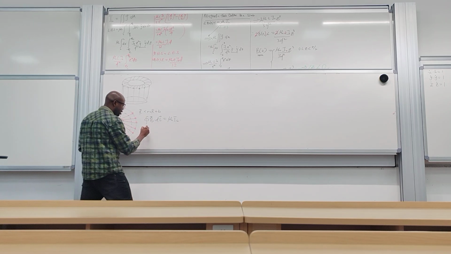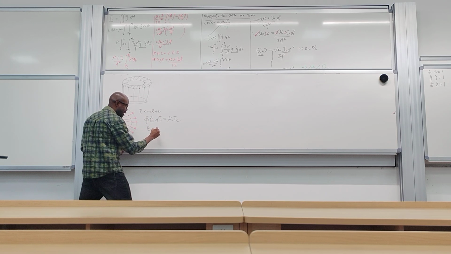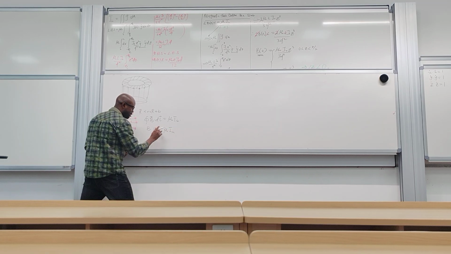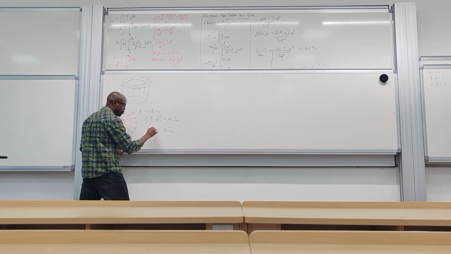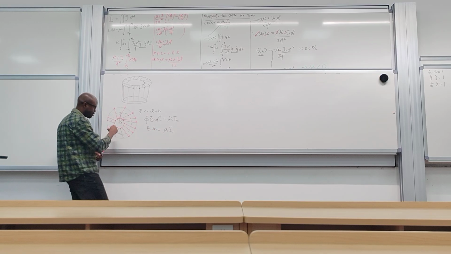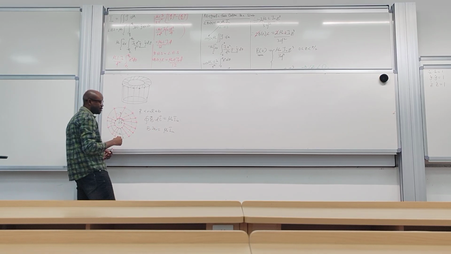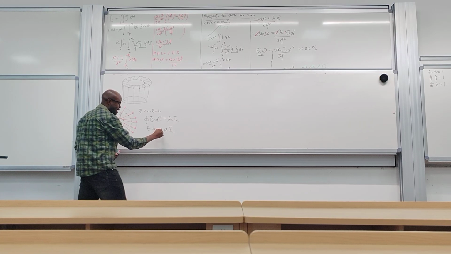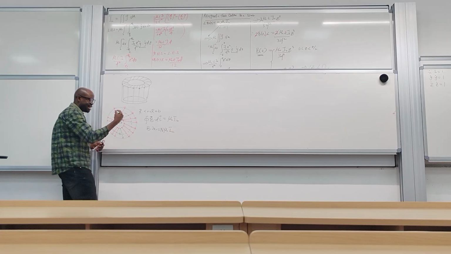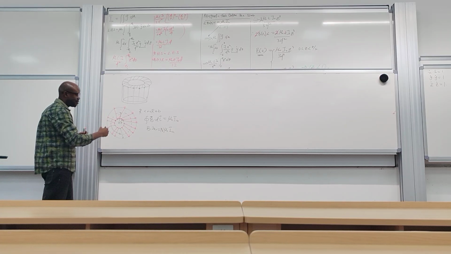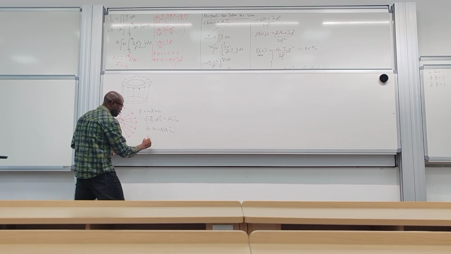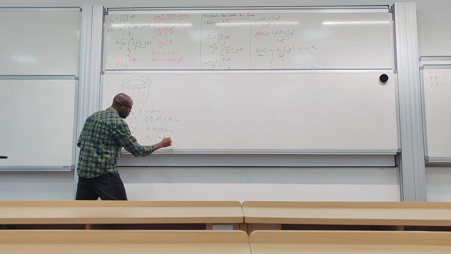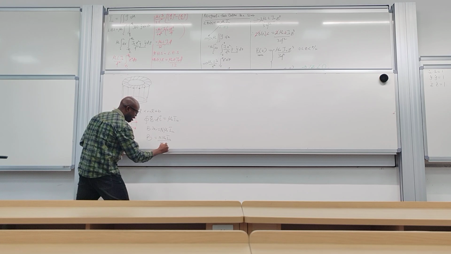Then I have B L equals mu naught I in. This is not L, in this case it's 2 pi r. And I can put n here because I have n number of this kind of structure. So B equals n mu naught I in over 2 pi r.